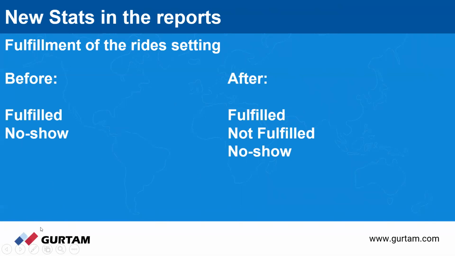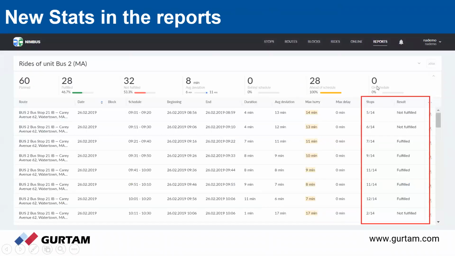If we look at the report, we will see this column on the right, stops. I set in my user settings of the NimBus app that I consider a ride to be fulfilled if 50% of the stops were visited by the unit. We see that there are 14 stops in total. The first two rides are not fulfilled because only 5 and 6 stops out of 14 were visited by the bus.